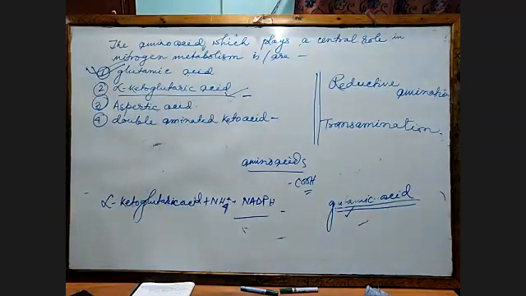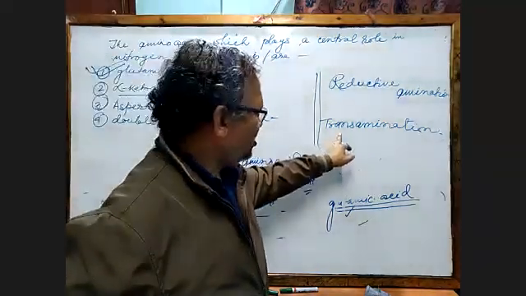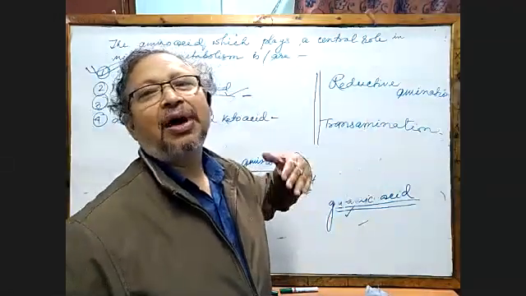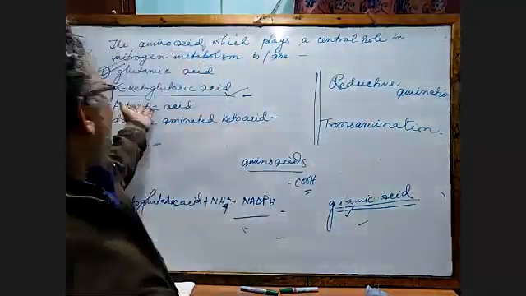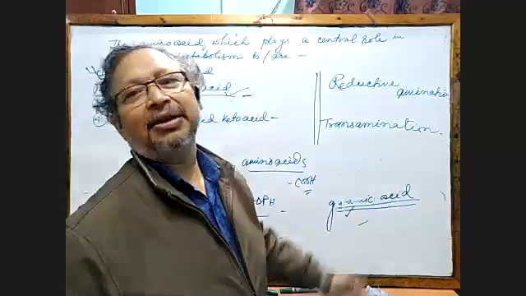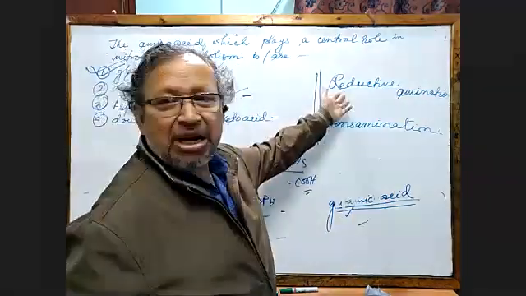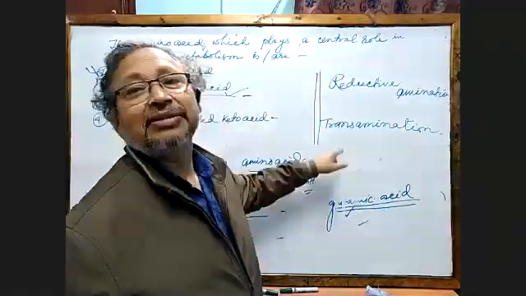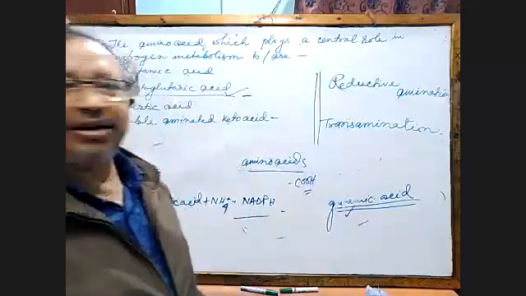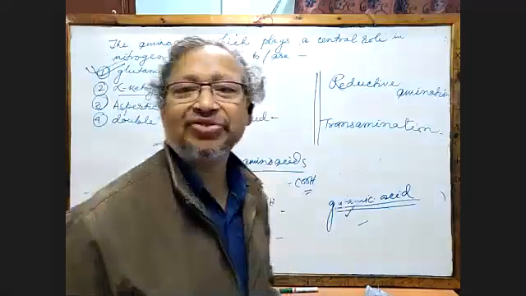Amino acids are synthesized by the process called reductive amination and by transamination. In transamination, the amino group from glutamic acid is transferred to another carboxylic acid, and other amino acids are synthesized. By reductive amination, glutamic acid is synthesized. So the first step is reductive amination, and the second step for the synthesis of other amino acids is the transamination process.